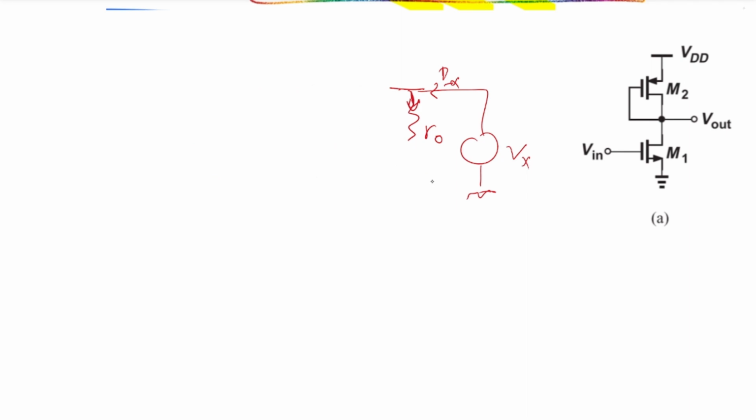So we will start with the first step, which is finding the Gm. The current here, the output current, is, since we said that we short the output, gm Vin.